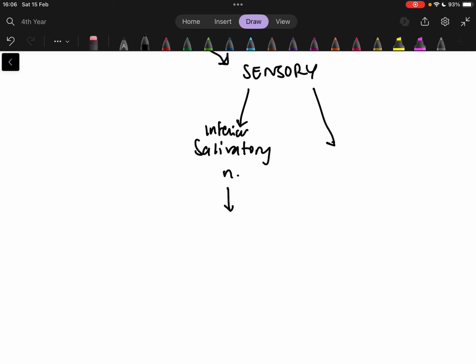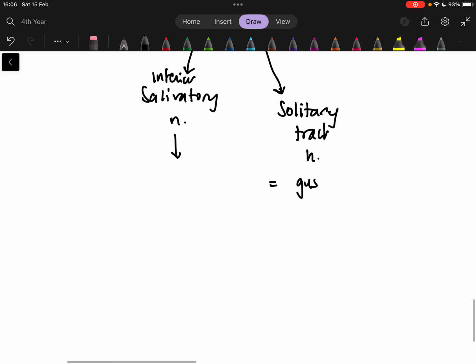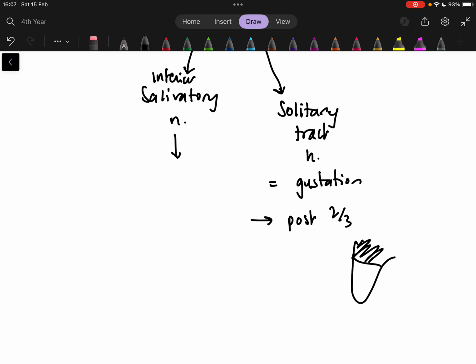Then we're also going to have the solitary tract nucleus. The solitary tract nucleus corresponds to taste, gustation. That's the fancy word for taste. And this is going to provide taste sensation for the posterior 2/3 of the tongue. Okay, so the posterior 2/3 of the tongue.